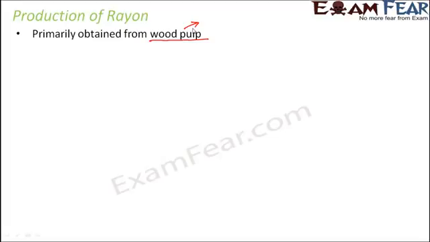Since rayon is prepared from something which naturally exists in nature, it is sometimes also known as semi-synthetic fiber. Why? Because the raw material needed for producing rayon is wood pulp, which is a natural thing that exists in nature on its own. Since it is obtained from a naturally occurring polymer, it is called semi-synthetic.